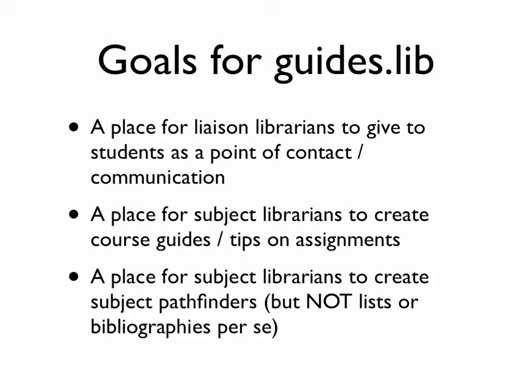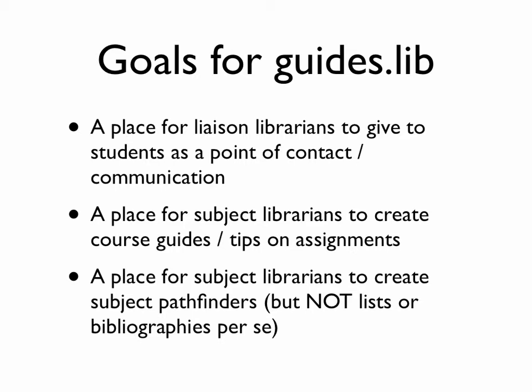So the goals for guides.lib, first of all, it's a place for liaison librarians to give a basic student point of contact and a point of communication, kind of a landing spot for liaison librarians. This is about me, this is how you contact me.